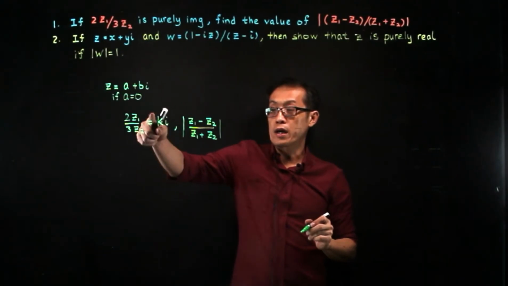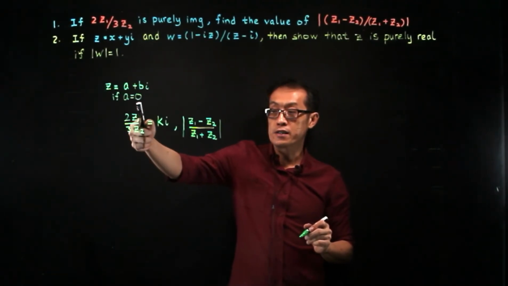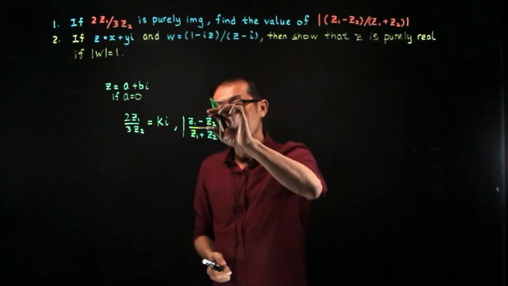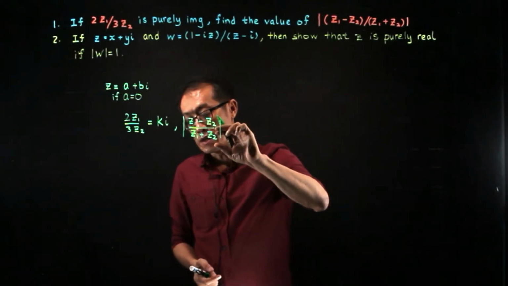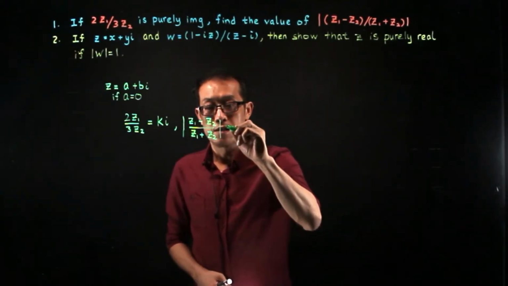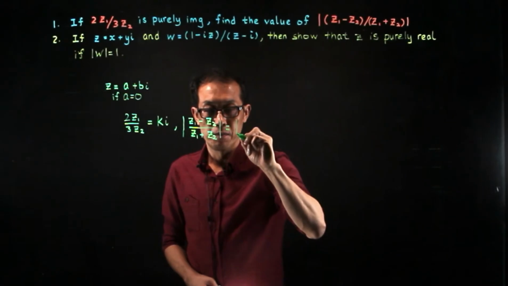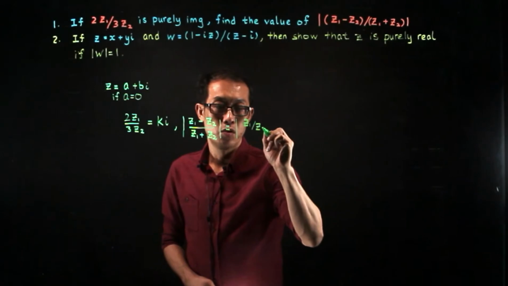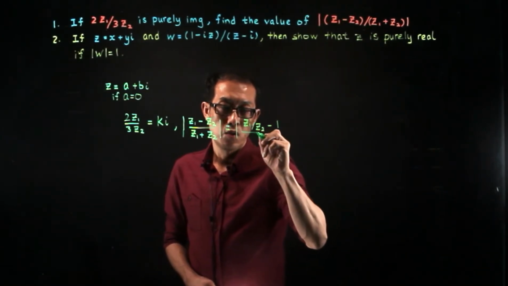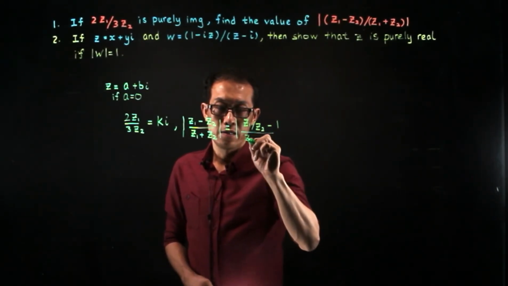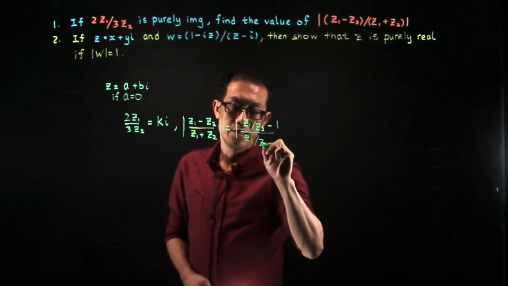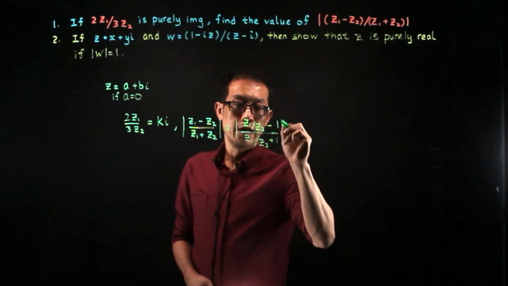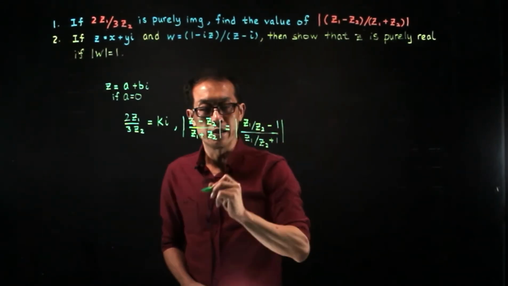Now look here, we are given that this expression is z1 over z2. So what we can do is divide the numerator by z2 and the denominator also by z2. That becomes modulus of z1 over z2 minus 1 over z1 over z2 plus 1, and then the whole thing I have to mod it.